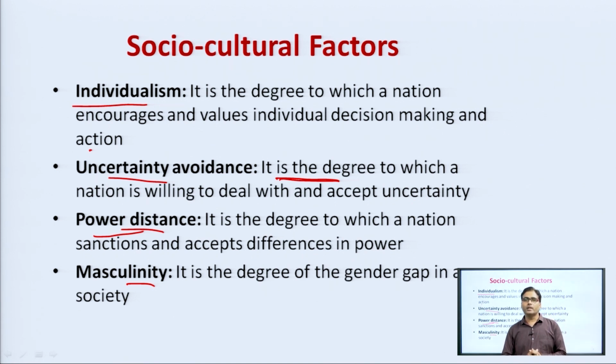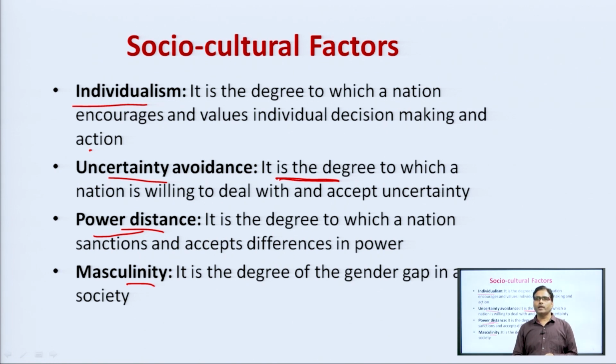Then comes masculinity. Masculinity means that in any country your organization may have both male and female employees, and both are working together in the organization. But there are many countries where males dominate the females.